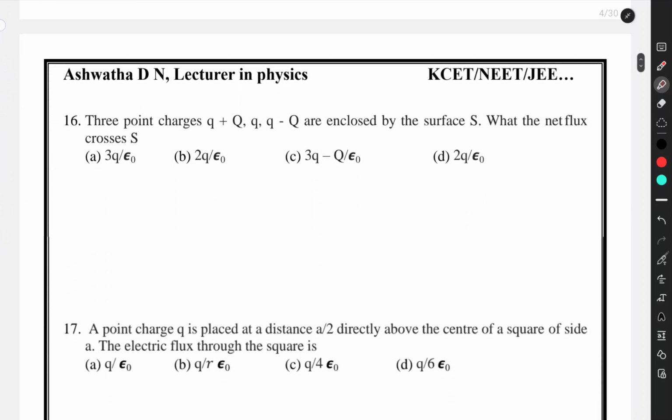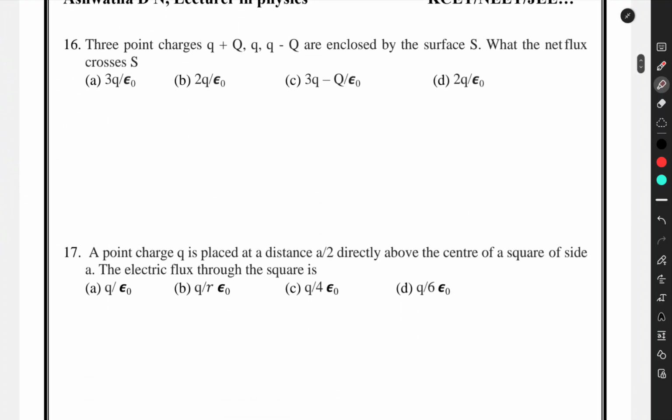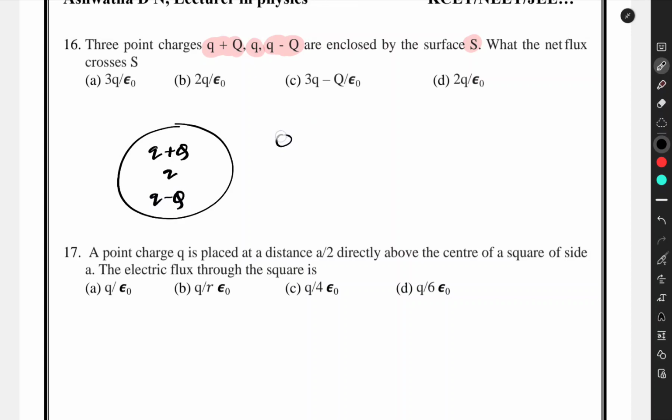Next, moving on to question 16. Here there are three charges. The first one is q plus capital Q, the second one is q, the third one is q minus capital Q. They are enclosed by the surface S. What is the net flux crossing the surface? Let me consider the charges inside this surface: q plus capital Q, small q, q minus capital Q. The electric flux through the surface is given by q enclosed divided by epsilon naught.